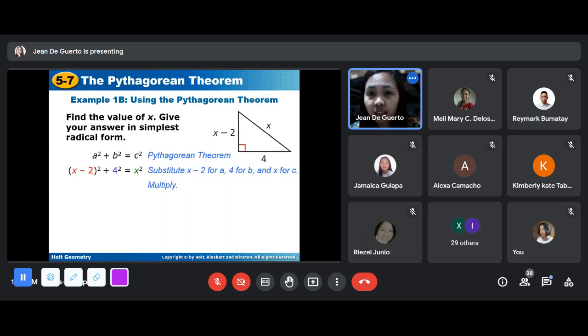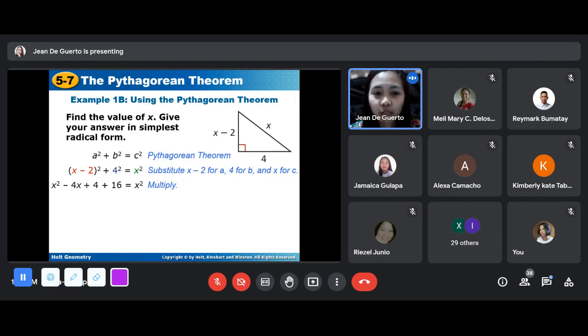Yes, Remark. X squared minus 4x plus 4 po. Okay, plus 4 squared, we have 16 po. So therefore, we have x squared minus 4x plus 4 plus 16.